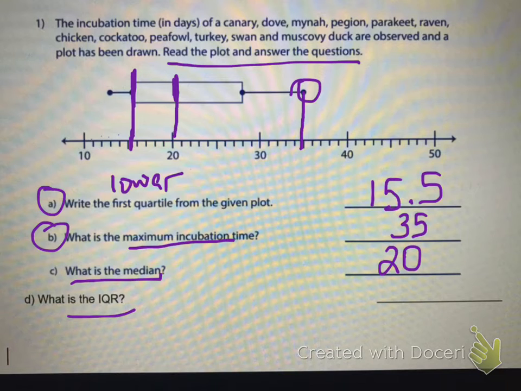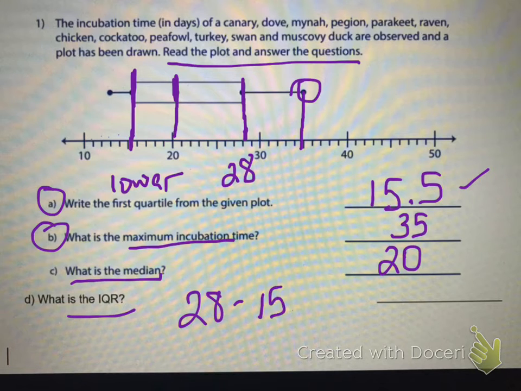To find the interquartile range, we need to know our upper quartile, which is, let's see, 28. We're going to subtract from 28 our lower quartile, which we said over here is 15.5. And thankfully, we can use our calculator. Not that we couldn't subtract this on paper or in our head, but life is easier with a calculator. So 28 minus 15.5 gives us an interquartile range of 12.5.